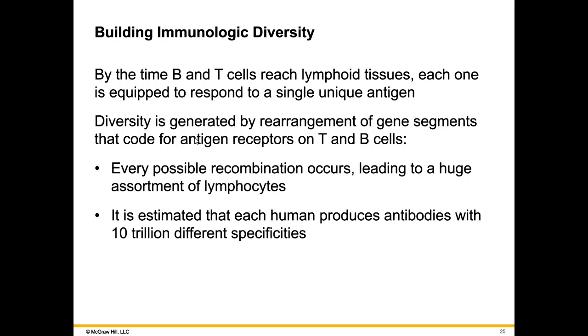That diversity is generated by rearrangement of gene segments that code for antigen receptors found on those T and B cells. With those rearrangements, every possible recombination can occur. So we have this huge assortment of different B and T cells, and each one of them can recognize a unique antigen that is not self. It's estimated that each human produces antibodies with about 10 trillion different specificities.